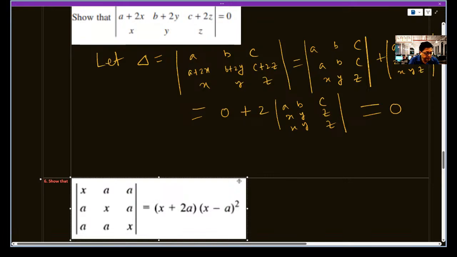I give you the clue. You just add all three elements, I mean elements of the second and third row with the element of the first row. Okay? Just do it.